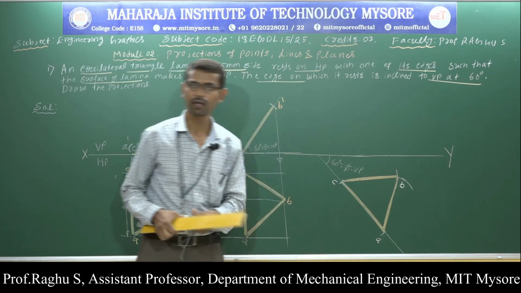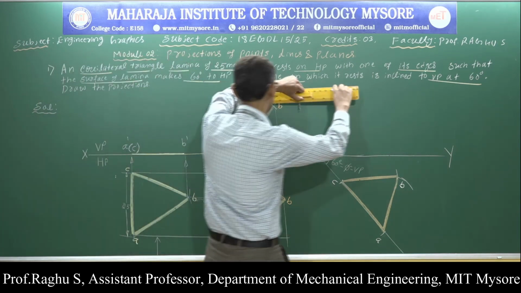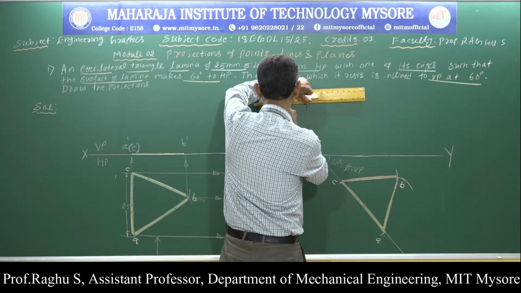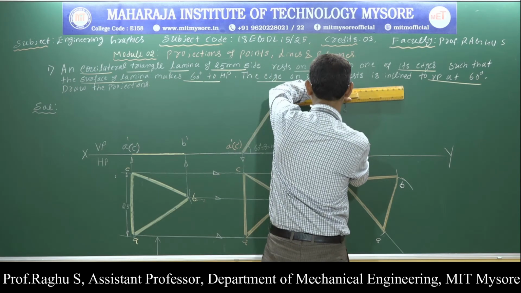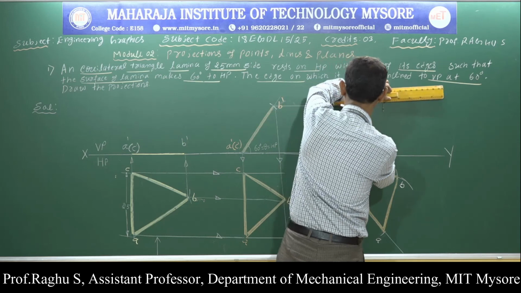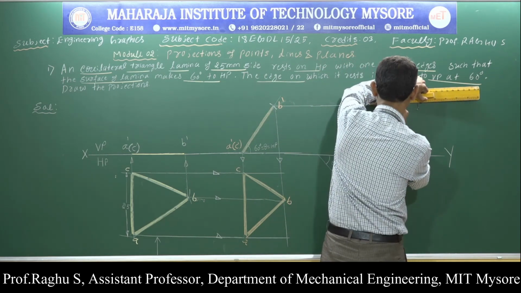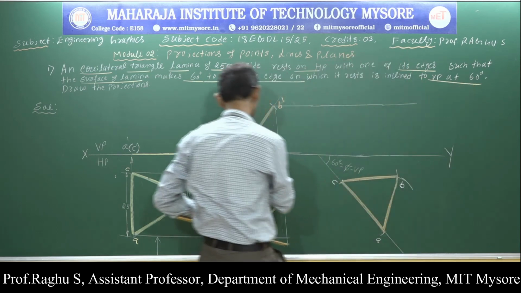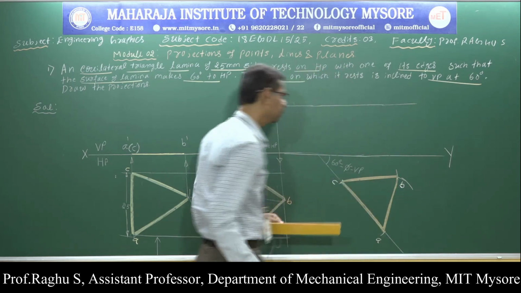Now the last one. To draw the last position top view, just draw the projections. Projection lines means thin lines. Here also just draw projection lines. It comes on the XY line only.